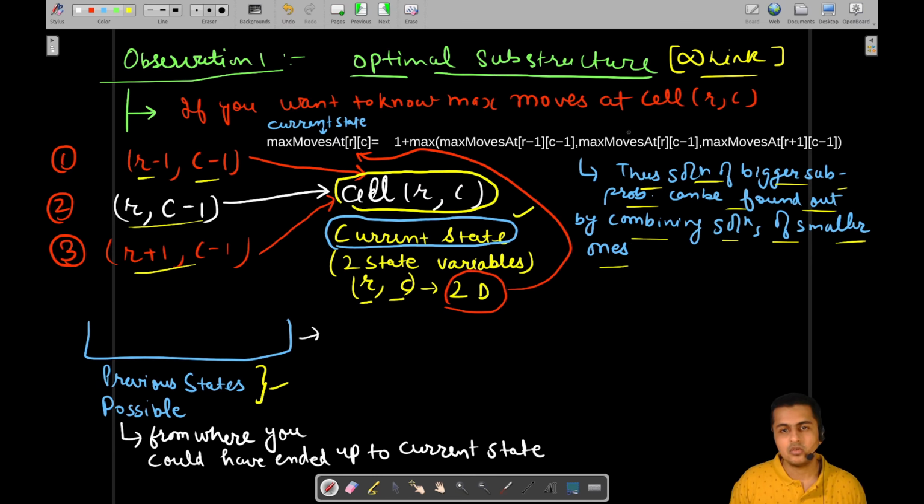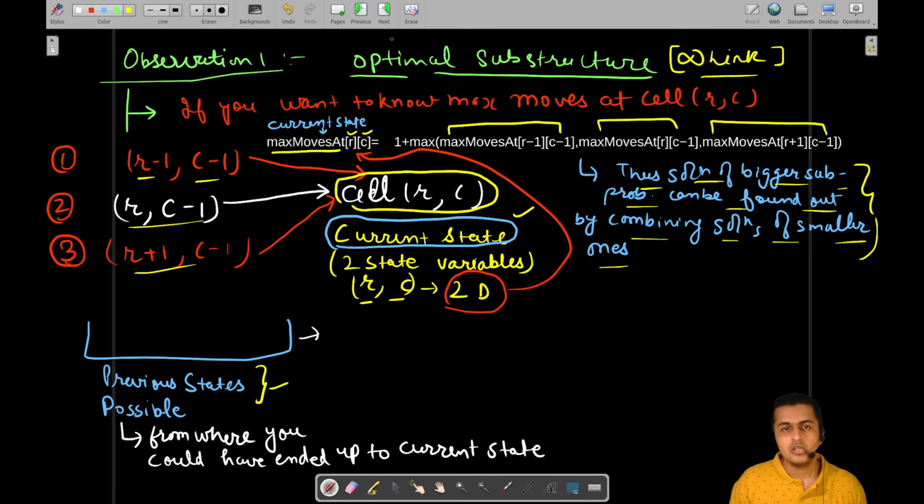If we are interested in finding out the maximum moves at the current cell R and C, we would require the contributions from the previous states. We should know that, and if we know that, then we can build the solution of the current state. So the solution of a bigger subproblem can be found by combining the solutions of smaller ones.